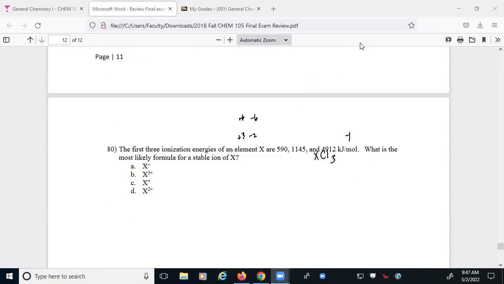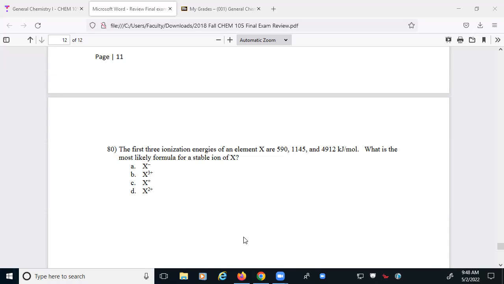Let's look at number 80 though. If the first 3 ionization energies of element X are 590, 1145, and 4912 kilojoules per mole, what is the most likely stable ion of X? So what we have to do, what is ionization energy? What happens when an ionization energy is added to an atom? We know it forms an ion.